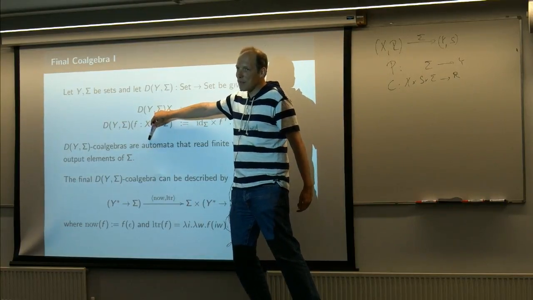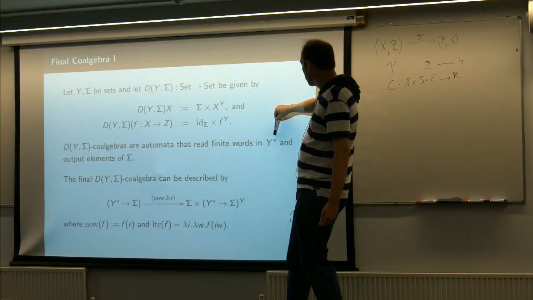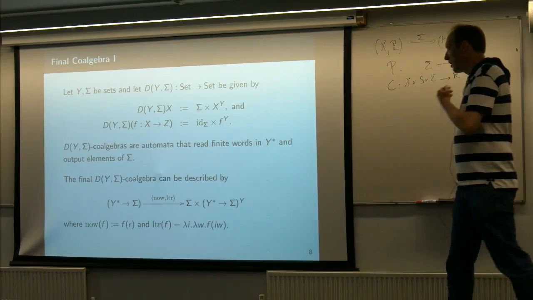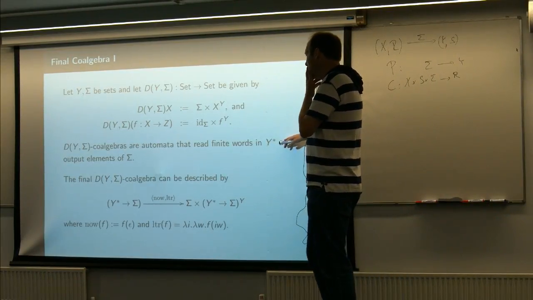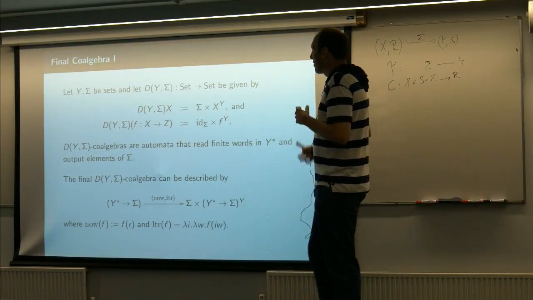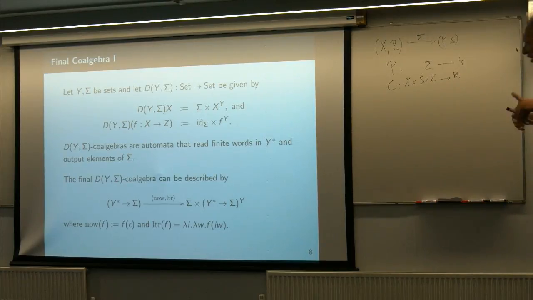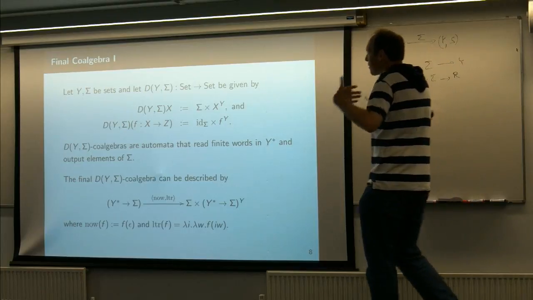Originally they were finite automata, but they're not necessarily finite, that read finite words over y and output an element in sigma. And then accordingly, with this image in mind, the final coalgebra gives you a canonical representation of the behavior of such a coalgebra.